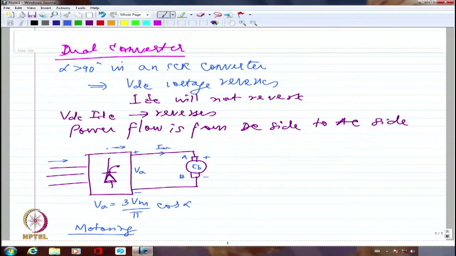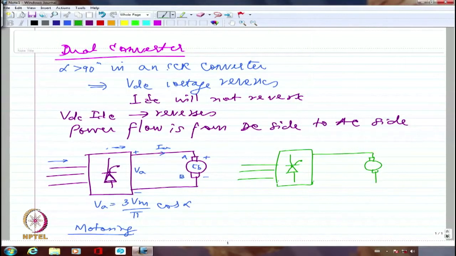So in that case, again, this is my converter. I am not changing the connection of the converter electrically. It is the same converter, with the three-phase supply here and my motor drive, connected as before. But the only thing is that I want to make this alpha greater than 90, whereas here the alpha was less than 90.